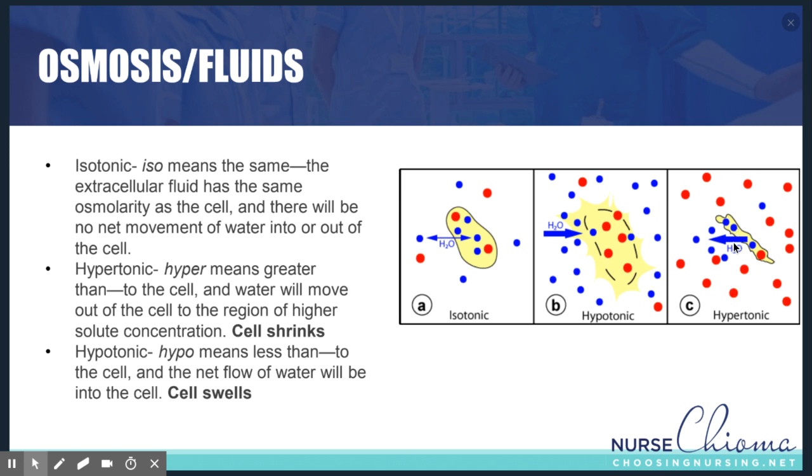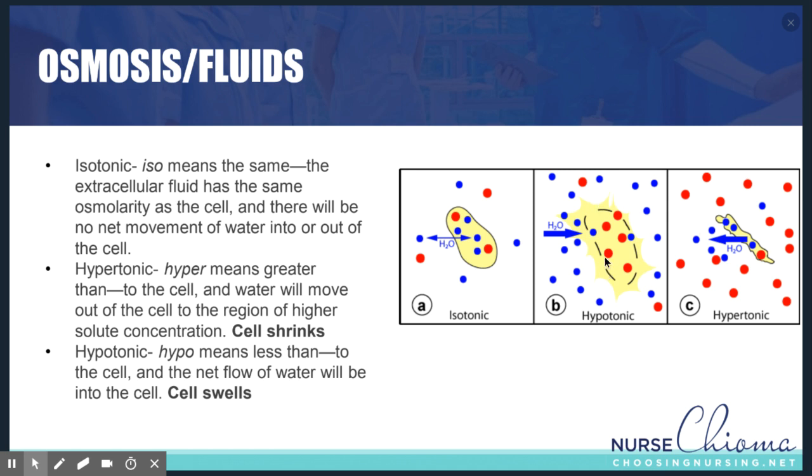Because there's more solute outside the cell, the water is leaving the cell and the cell is shrinking. Remember, water likes to travel in the direction of where there's more solute, which is outside the cell. So that's a hypertonic solution.